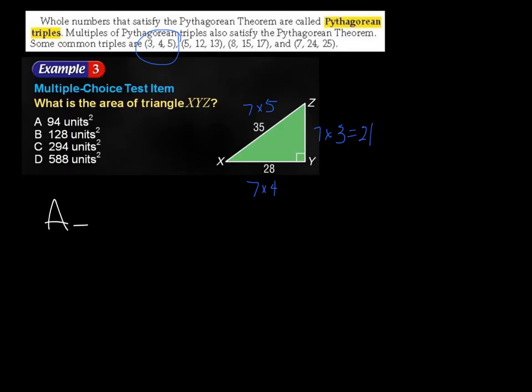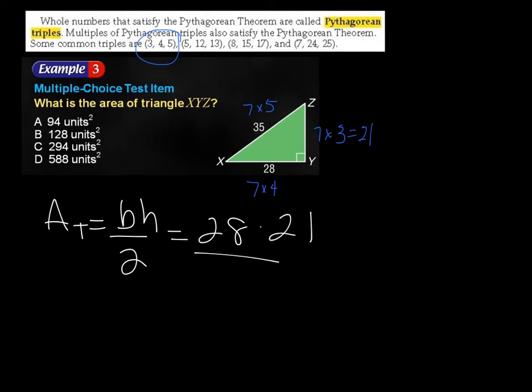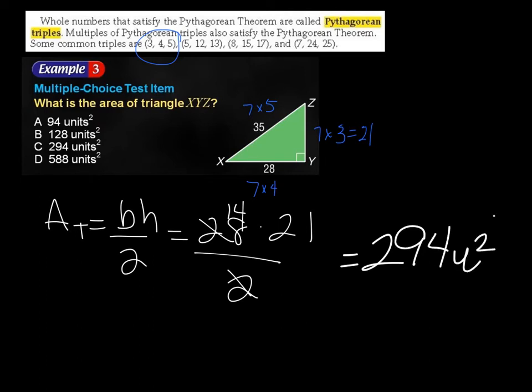Area of a triangle is base times height divided by 2, so if I have 28 times 21 divided by 2, the 2 and the 28 will cancel out. I very quickly get 294, and I'm left with square units. The ACT is a timed test, so any little trick like that that can make things go faster for you is great.